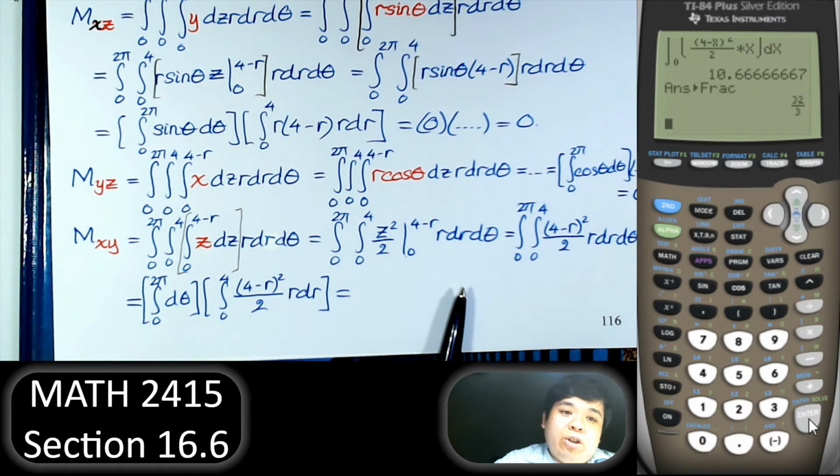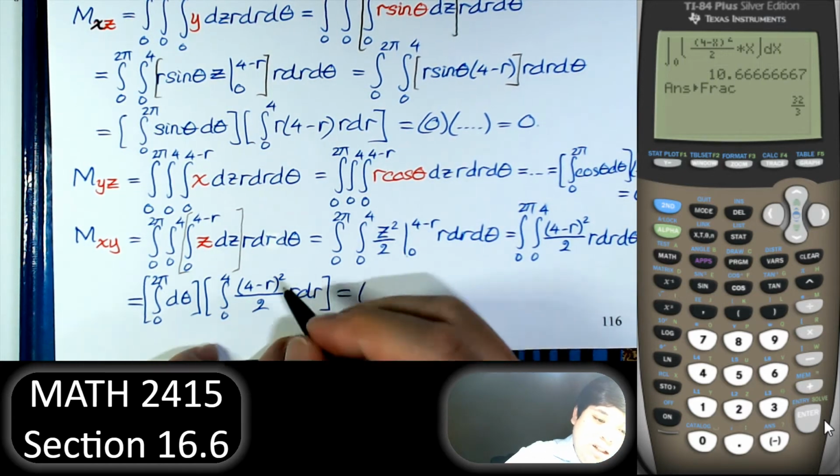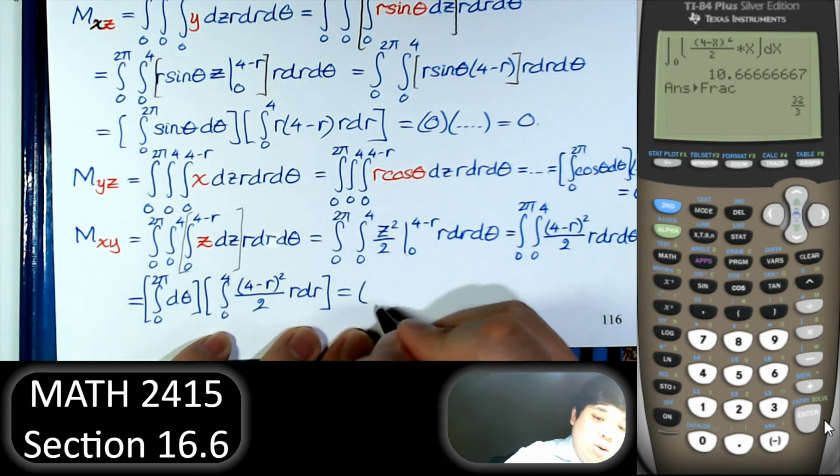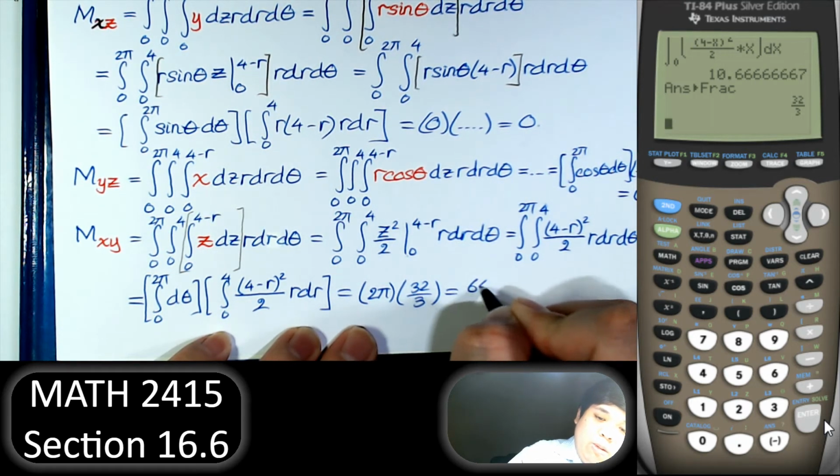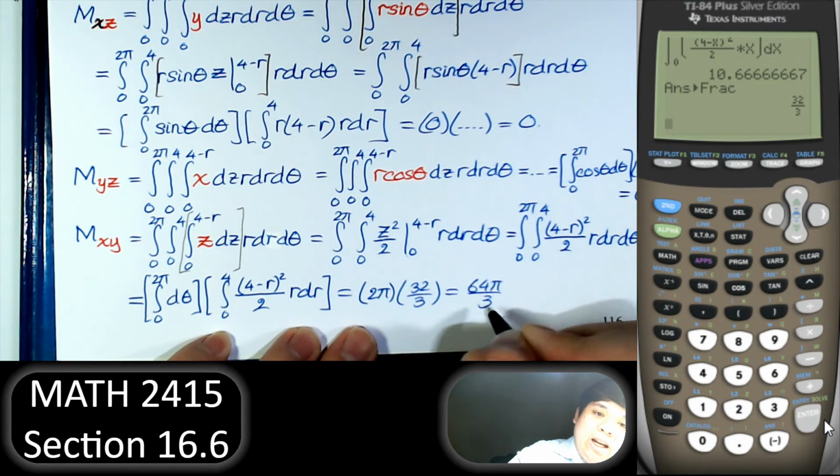Oh, 32 over 3. That sounds familiar. But the first integral is 2 pi, times 32 over 3. So that's 64 pi over 3. That's exactly the mass.